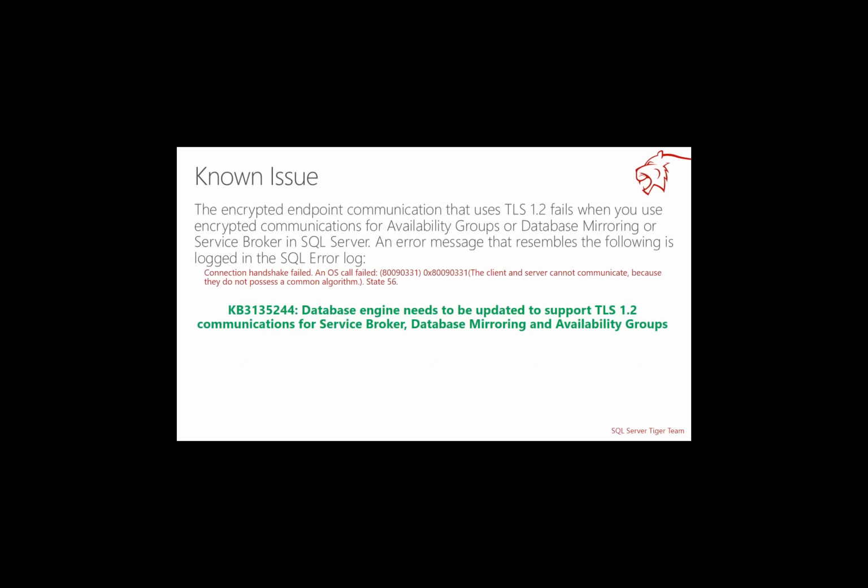So if you require the database engine to support encrypted communication for availability groups or database mirroring or service broker, then you need to have the required TLS 1.2 update applied to all the servers that are part of that topology. Otherwise, the communication will fail, and the moment you restart your SQL Server after ensuring that you've made the required registry changes, SQL Server will either not start up, or if it does start up, it will fail to communicate for that particular setup.